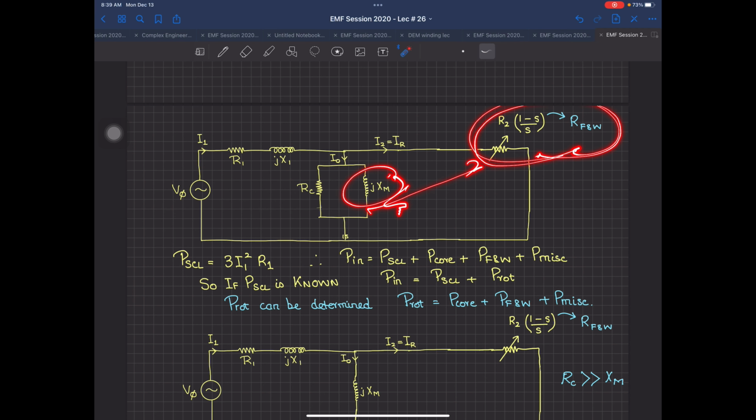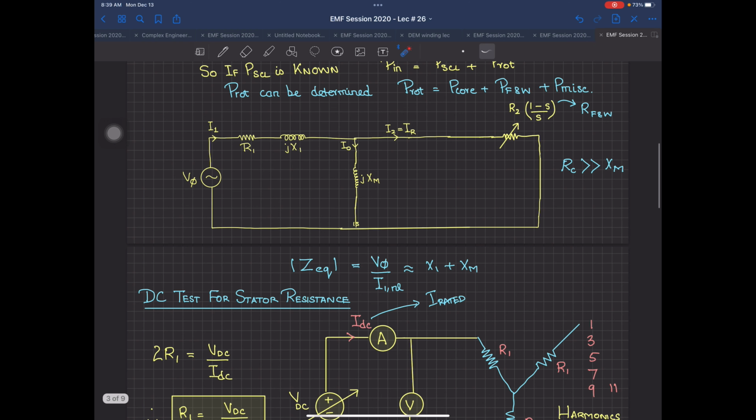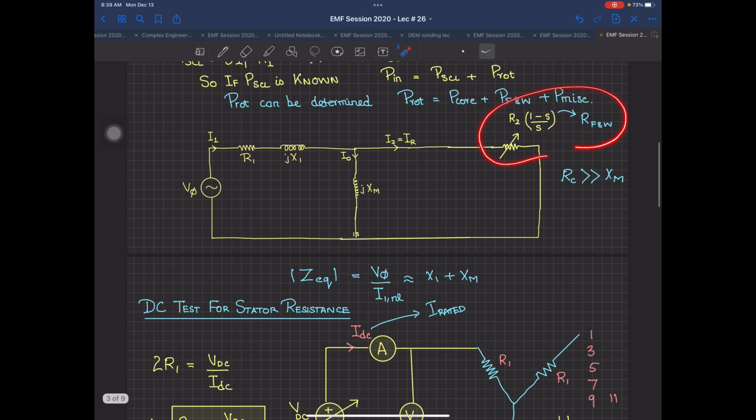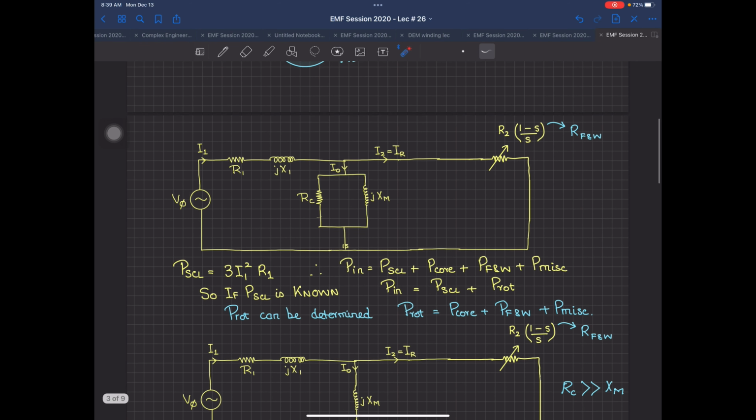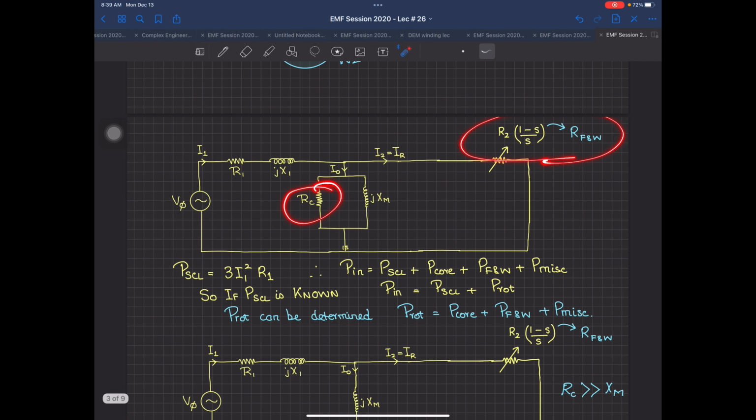So when you have a larger impedance in parallel with a smaller one, certainly you can replace it by the smaller one. Again, this is an approximation, but if you go directly to IEEE standard 112, you won't find this approximation. It's just for your undergraduate level. So RC and this one are replaced by simply the friction and windage.